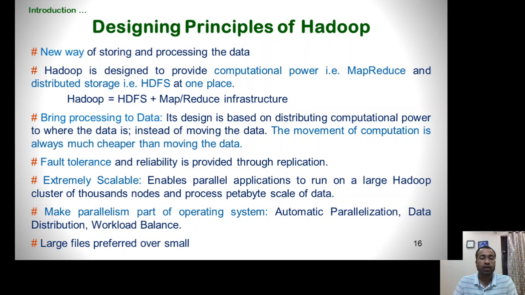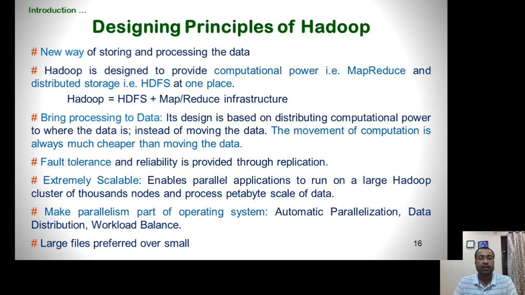So, what was the design principle of Hadoop that makes it so successful for big data processing problems? Let's explore it one by one. It provides a new way of storing and processing the data.